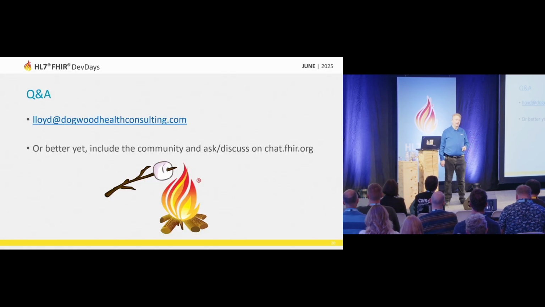Absolutely. If the work group that was responsible for the resource said, that was a fun attempt, we're going to go a completely different direction, then there are limitations to how much you can do. In the end, your advantage as an IG author is you're not trying to cover the entire scope of the resource.